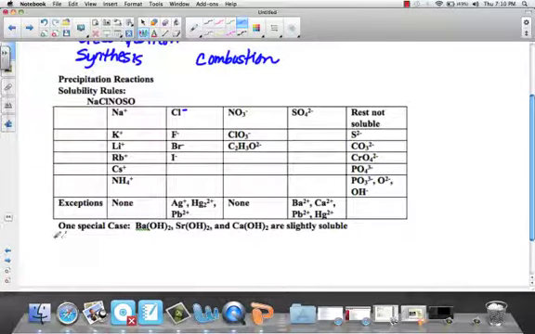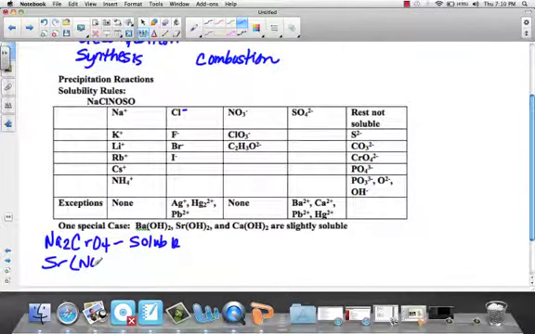So let's look at a couple of examples applying NaCl-NO-SO. If I look at Na2CrO4, sodium chromate, I'm going to see Na, and I'm going to think it's soluble. If I think of Sr(NO3)2, I'm looking at the nitrates, which I know are all soluble, no exceptions.